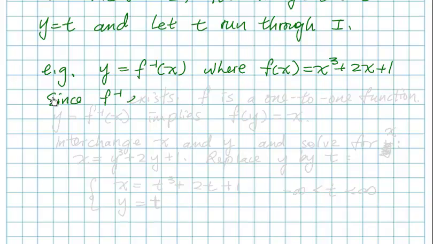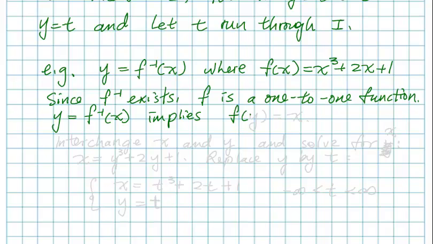Since f inverse exists, f is a one-to-one function. Y equals f inverse of x implies that f of y equals x. We interchange x and y and solve for x.